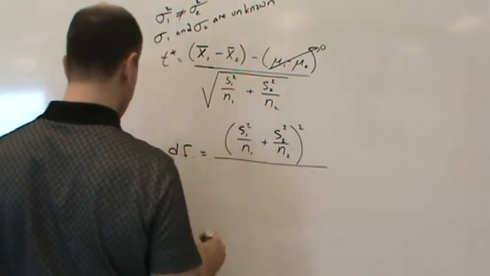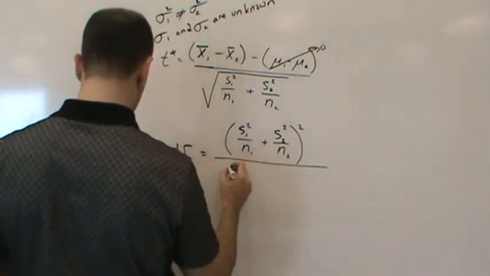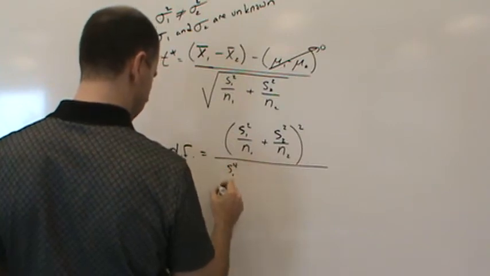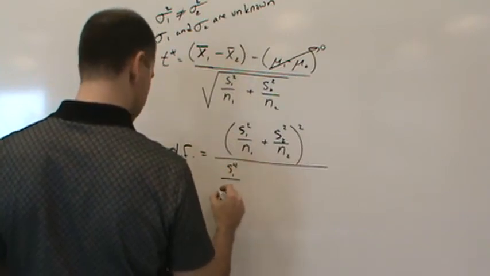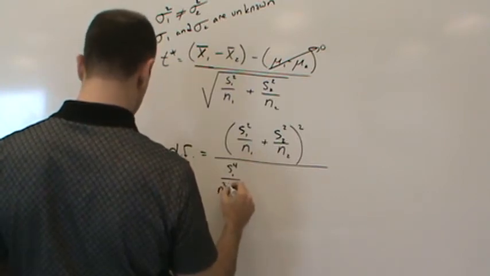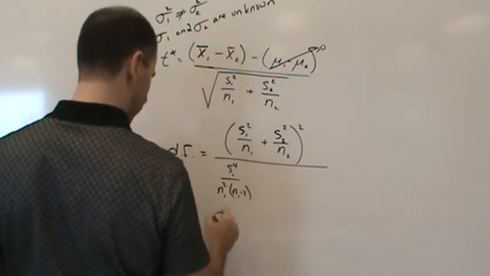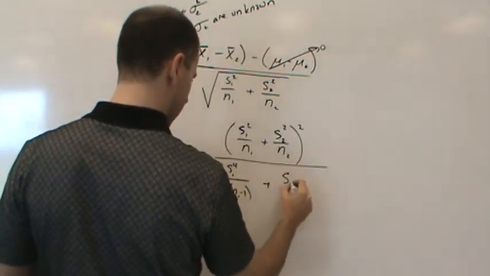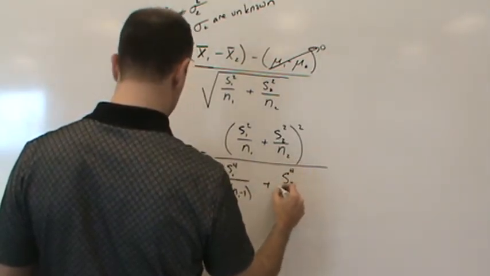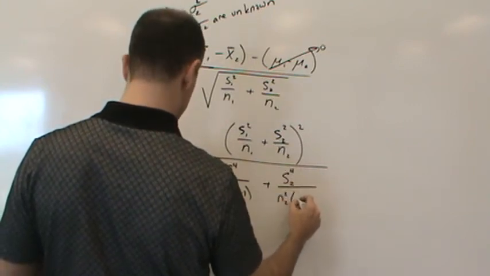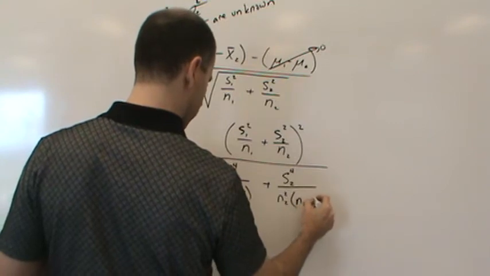Then we're going to divide that by this: s1 to the fourth divided by n1 squared times n1 minus 1, plus s2 to the fourth over n2 squared times n2 minus 1.